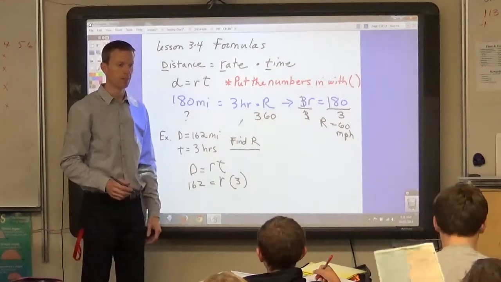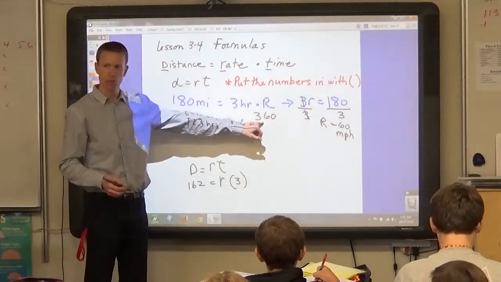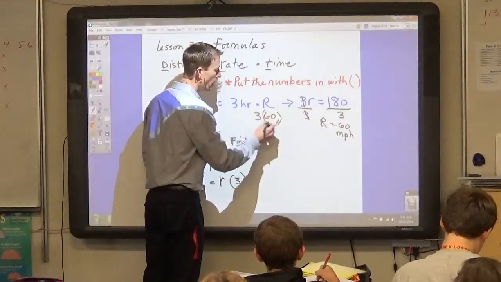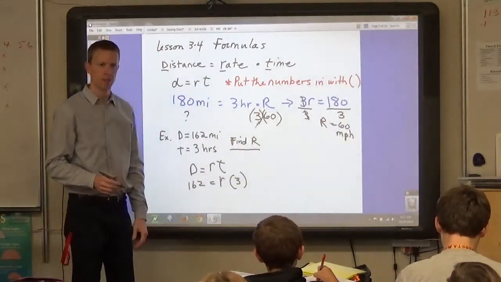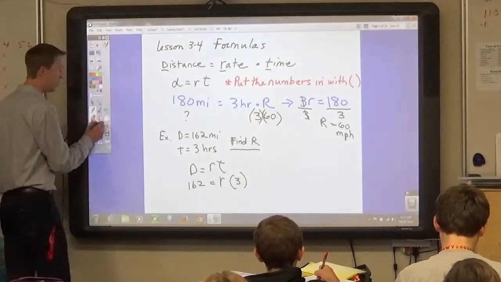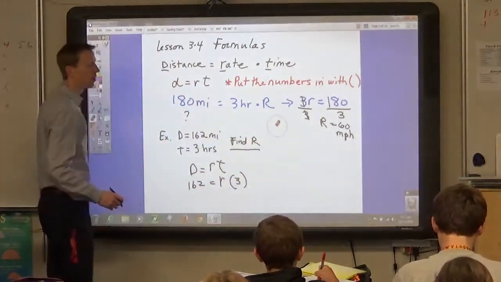A times sign. Yeah, an operation symbol. It should be subtract, add, multiply, divide. Well, if you put these in parentheses, you know this means to multiply. Right? So, when you're putting a number into the formula, put it in parentheses.